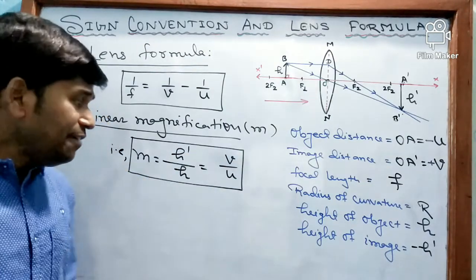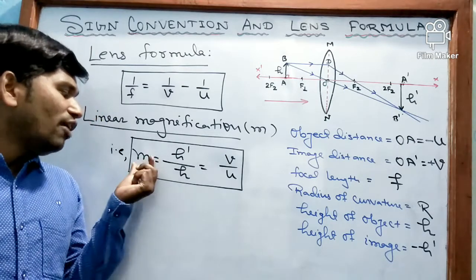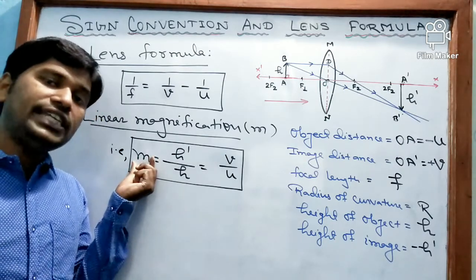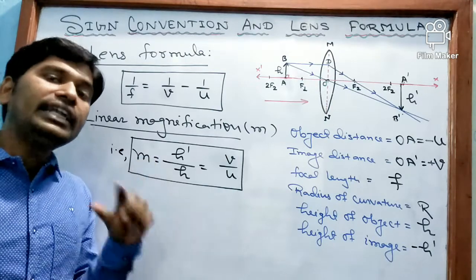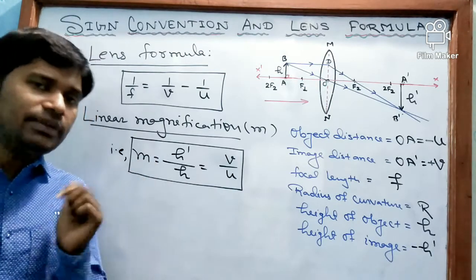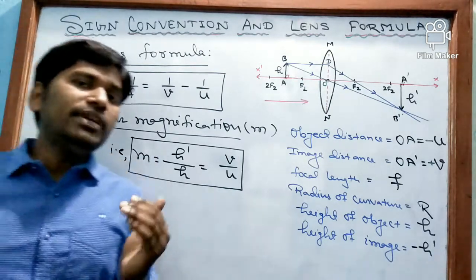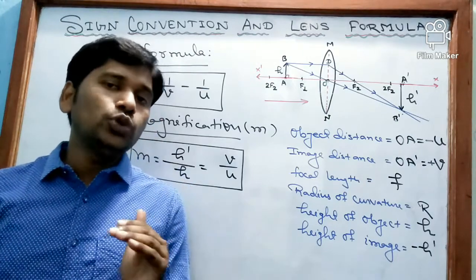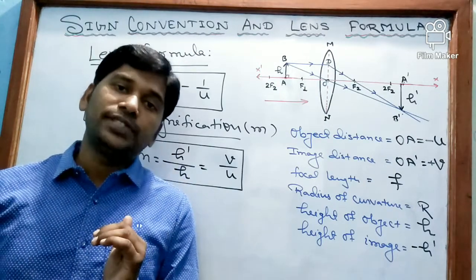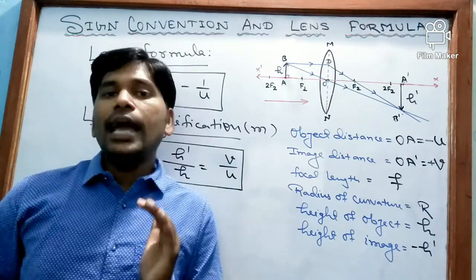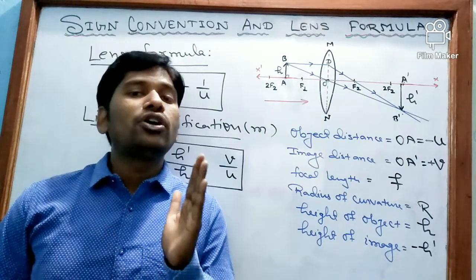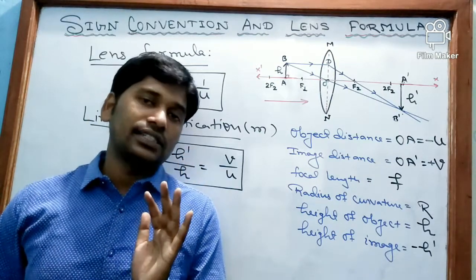Now, if the value of linear magnification is positive and less than 1, it means the image formed is virtual and smaller than the object. It can happen in the case of a concave lens.